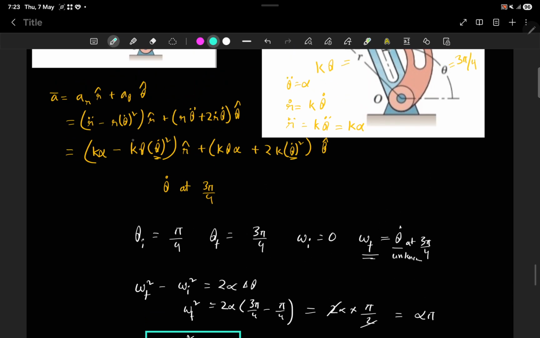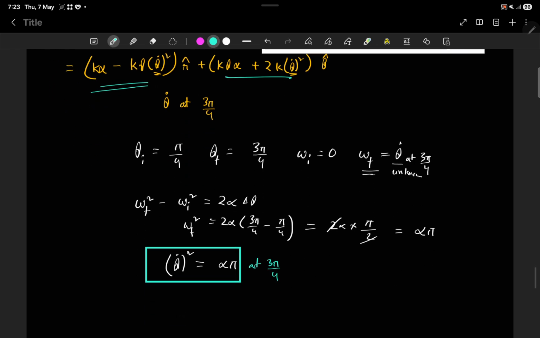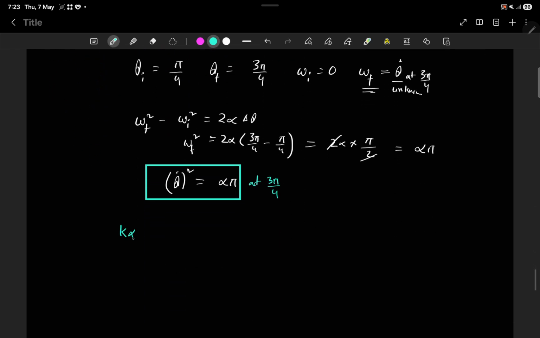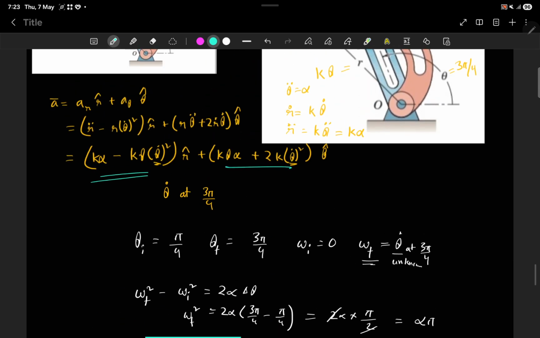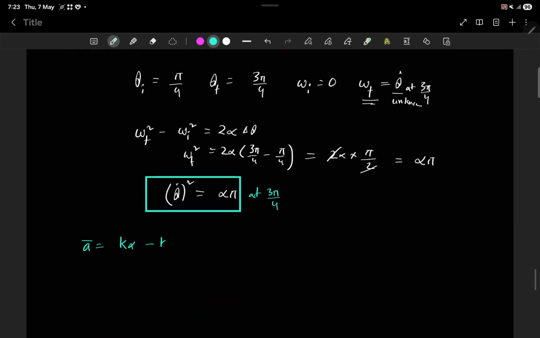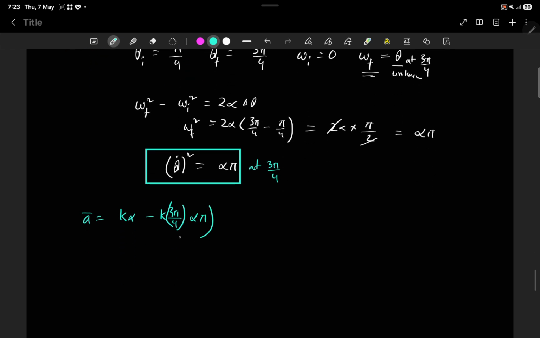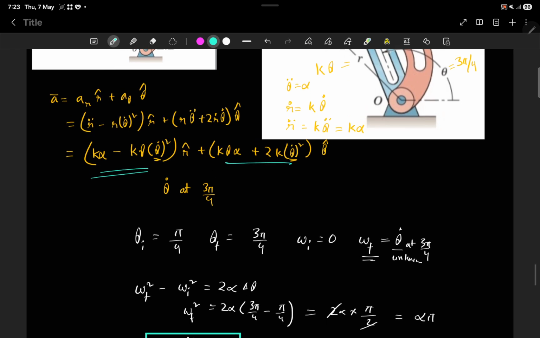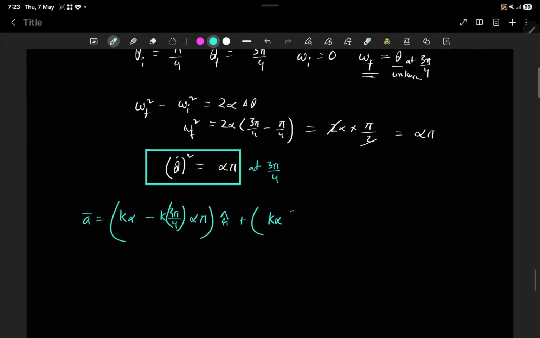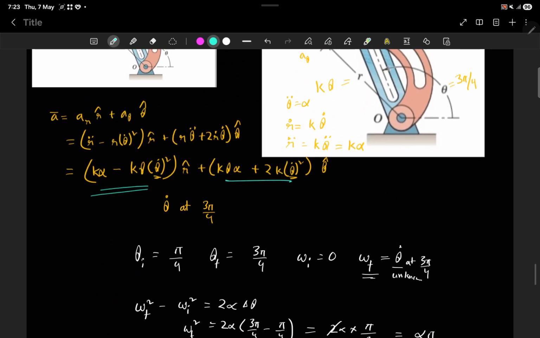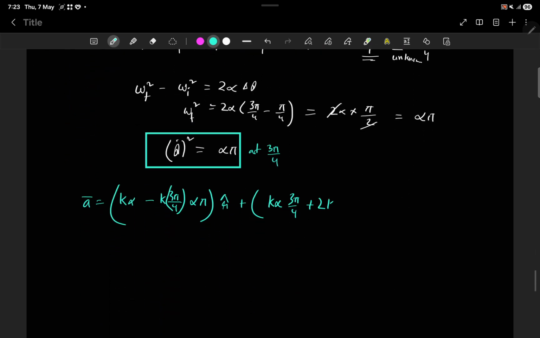Now I will take this equation and calculate it. The acceleration A equals k alpha minus k theta, with theta at this point 3 pi by 4, and theta dot square equals alpha pi, in the radial direction. And here I have k theta, theta being 3 pi by 4, so k alpha 3 pi by 4 plus 2 k alpha pi, theta cap.